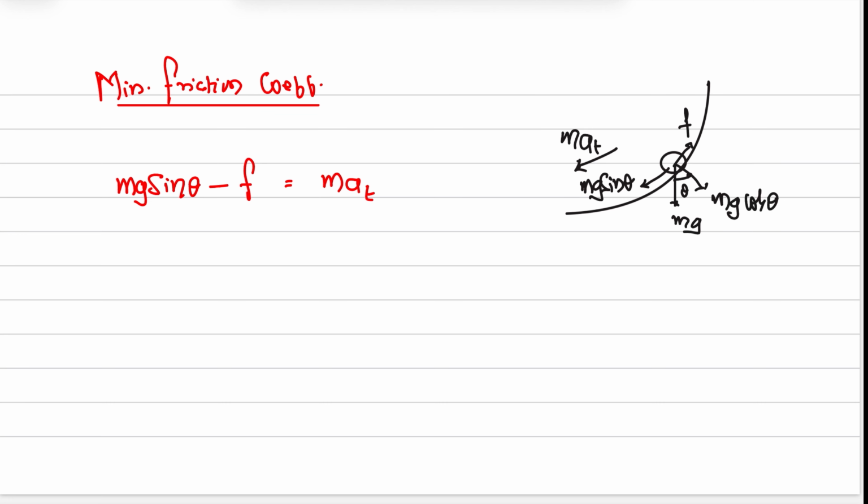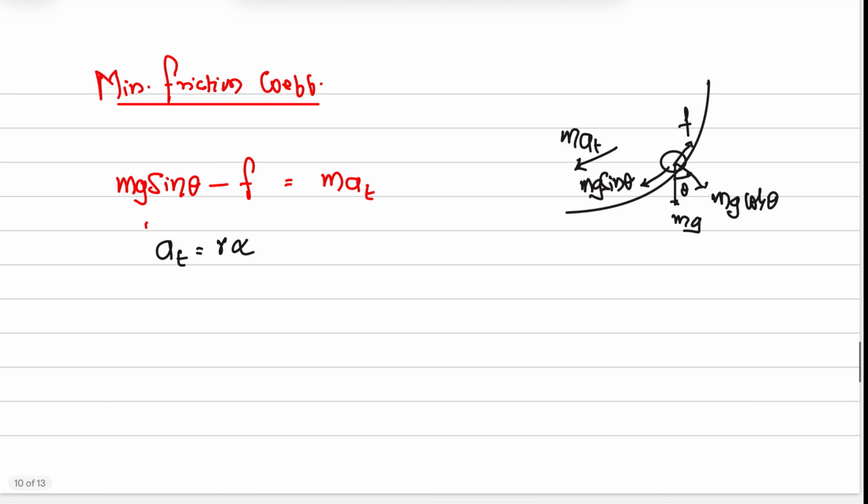Here, at can be calculated as r into alpha. Rotational acceleration. It's a rotational motion. This also please remember. The translational acceleration is equal to r into rotational acceleration.